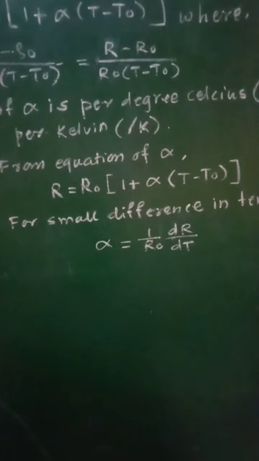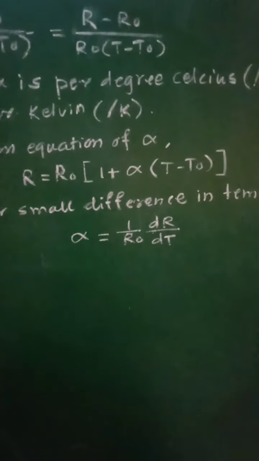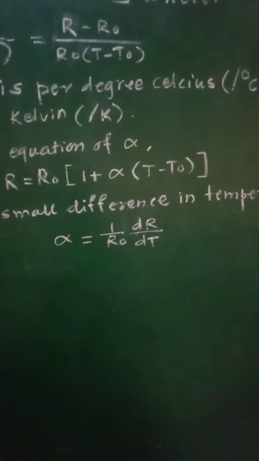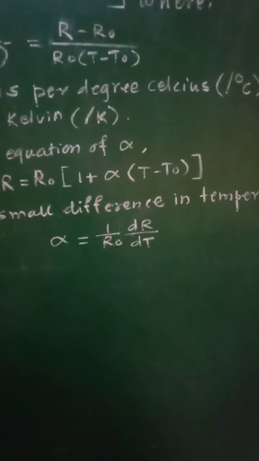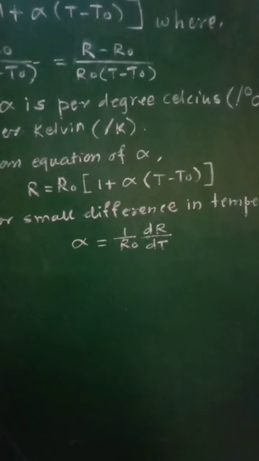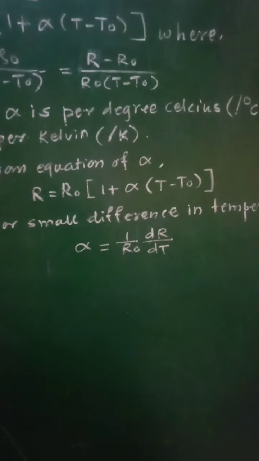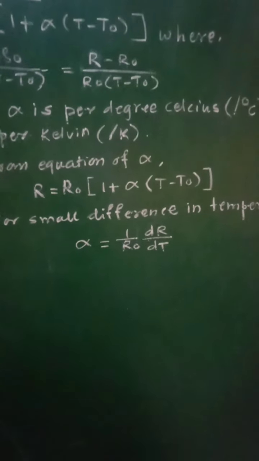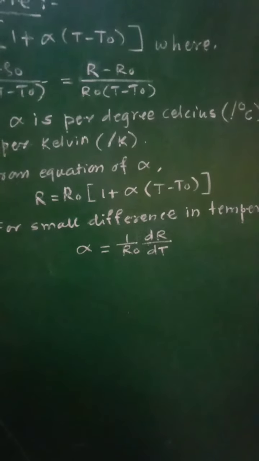Here dR by dT represents the ratio of the small change in resistance to the small change in temperature. In this way we can study the variation of resistance with temperature.